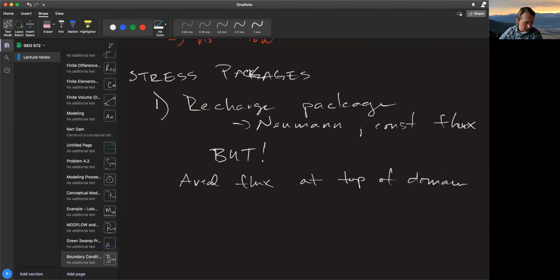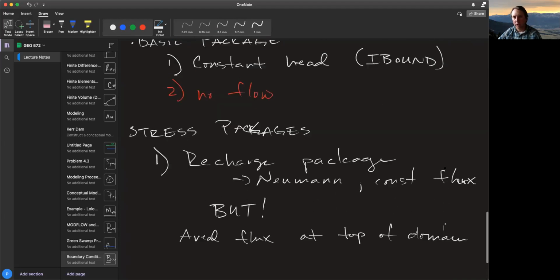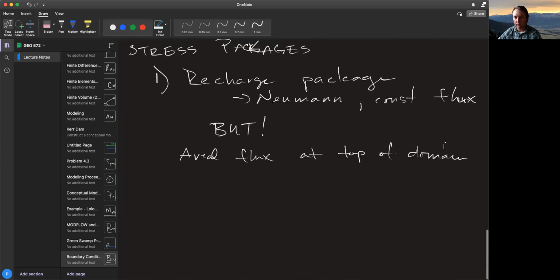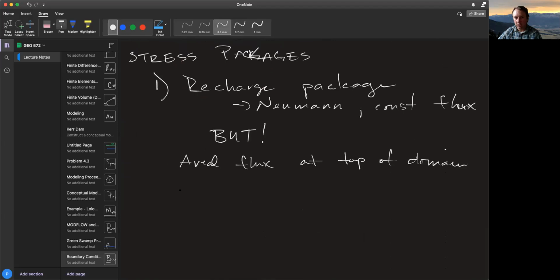You can sort of trick it and tell it where the top of the domain is, but that's what it's designed for. So it's aerial only. So we could use the recharge package here, and what we define is Q sub R, the aerial recharge flux.